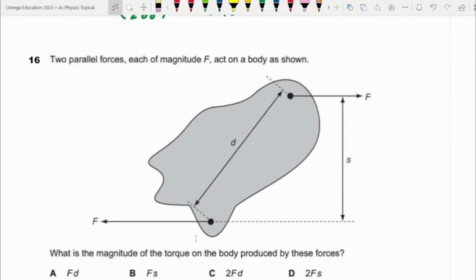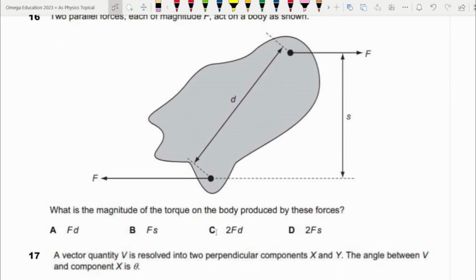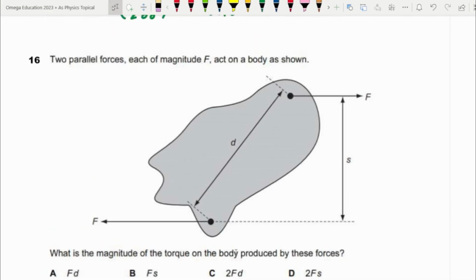Okay, two parallel forces, each of magnitude F, act on a body as shown. What is the magnitude of the torque on the body produced by these two forces? For the torque, you can use the formula. In the case of a couple of forces, the torque produced by the couple equals the force times the perpendicular distance between the two forces.